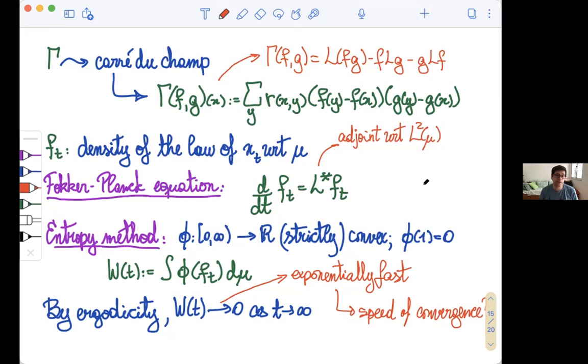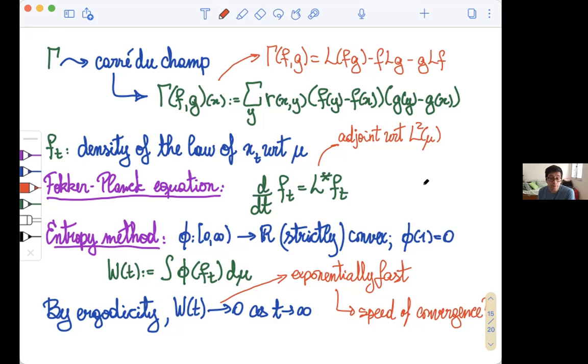One possibility, and this is possibly the most general way to do it, is to define a strictly convex function phi from 0 to infinity to R. It doesn't need to be necessarily strictly convex, because maybe you want to do the L1 norm, and for the L1 norm this function is not strictly convex, but it's nicer if it is strictly convex. And you assume that phi of 1 is equal to 0.